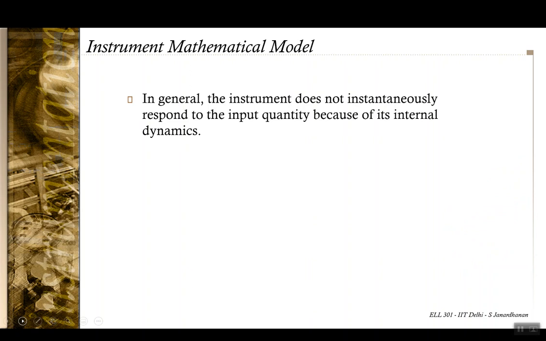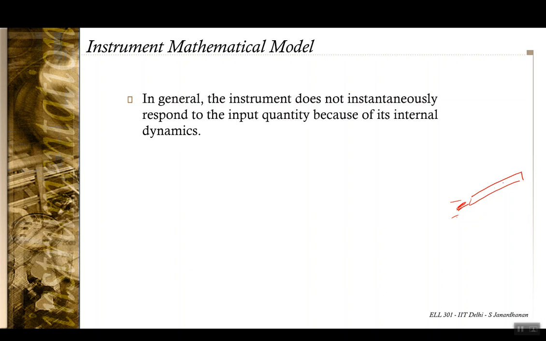So as we have seen, in most cases an instrument does not instantaneously respond to the input quantity because of some internal dynamics that are present. A classical example is a thermometer. All of us have experienced that if you want to take the temperature of your body using a thermometer, as soon as you keep it in your mouth, you're not getting a reading.